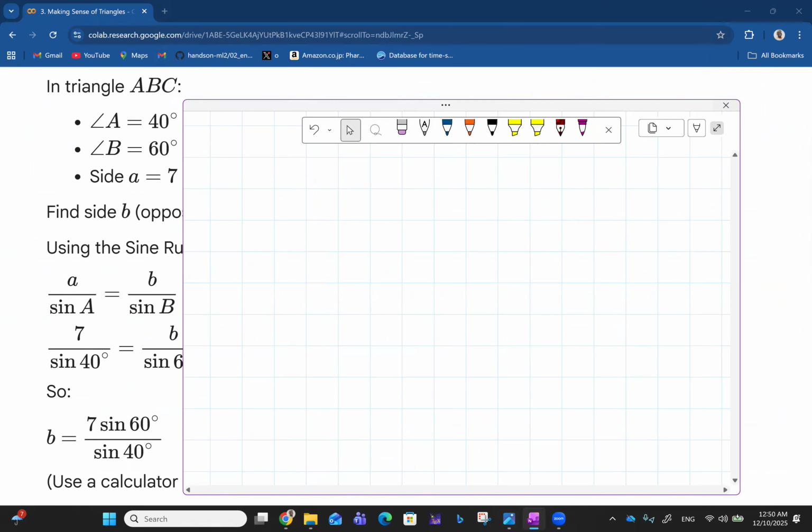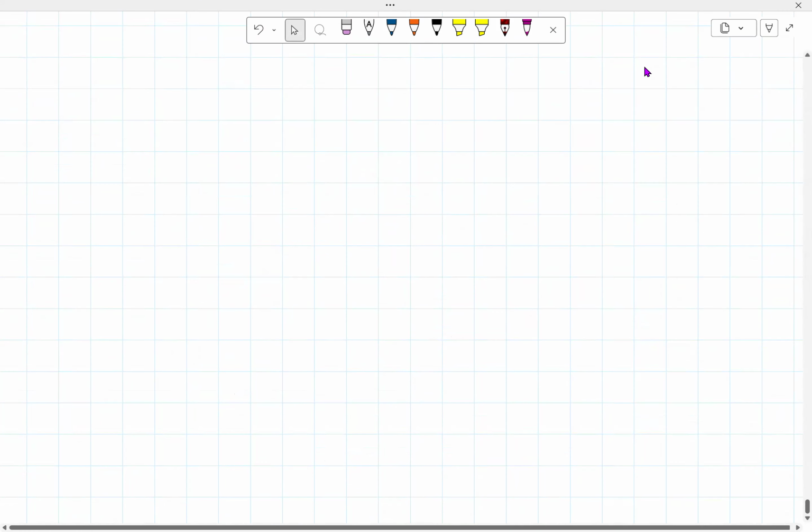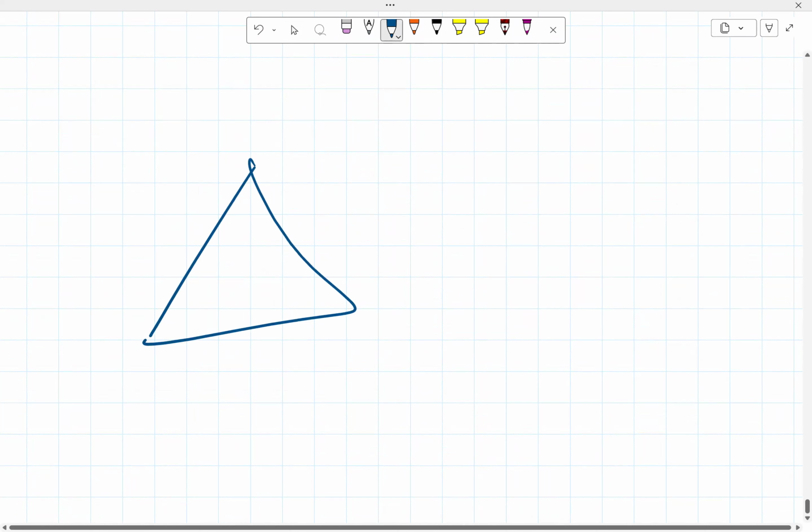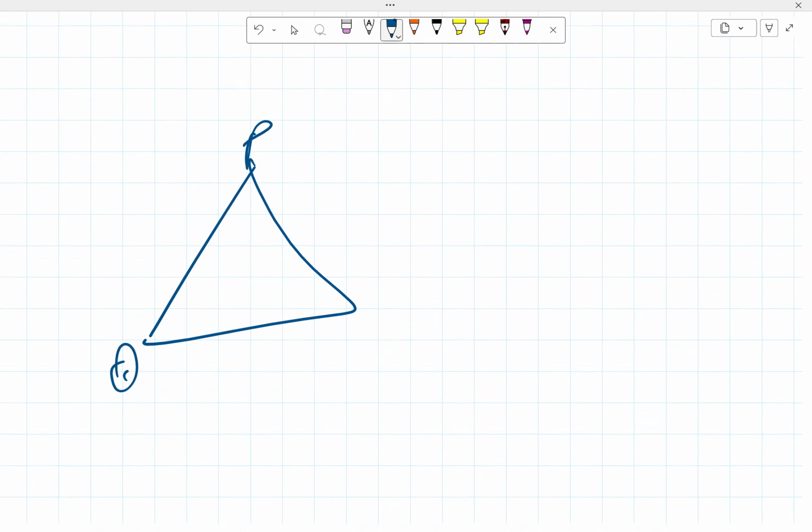Imagine you have something like this. You have a triangle ABC, or you can even say PQR, anyhow. So you have PQR, and assume that this angle is 70 degrees, and this other angle is 50 degrees.